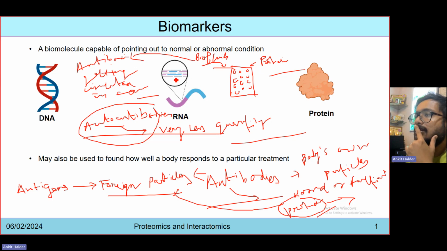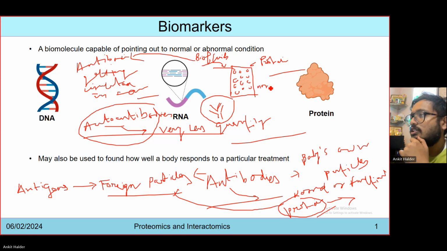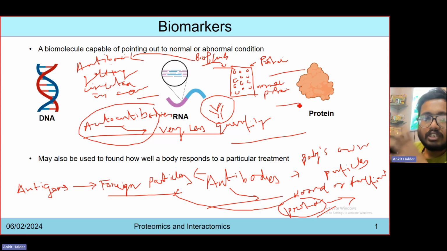These are all normal proteins that are printed, not from the diseased condition. So ideally there should not be any antibodies present against those particular proteins, because these are all normal, functional proteins that help in maintaining the function of the individual.